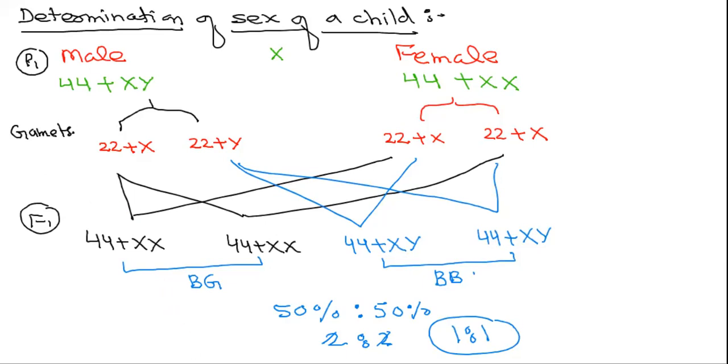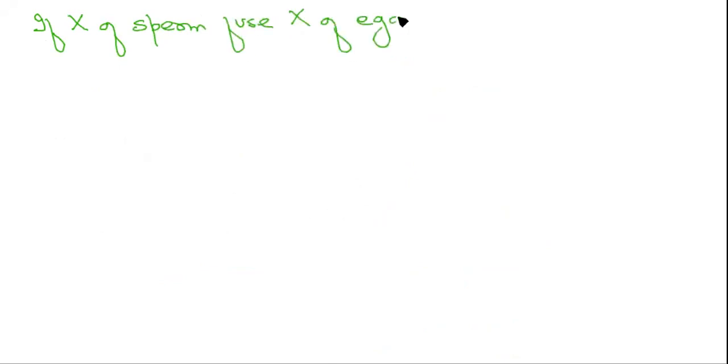This is how we can determine the sex of a child. Or simply how to write this: it depends upon which sperm fuses. If X of sperm fuses with X of egg, then female child.